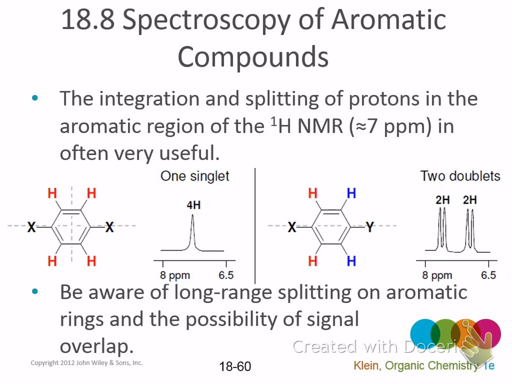If it's asymmetric, that is, you have an electron withdrawing group on one end and an electron donating group on the other, or 2 different electron withdrawing groups, then these 2 hydrogens behave the same, and these 2 hydrogens behave the same, okay? But then they're coupled to each other, and so you get this split into a doublet, and you get this split into a doublet.